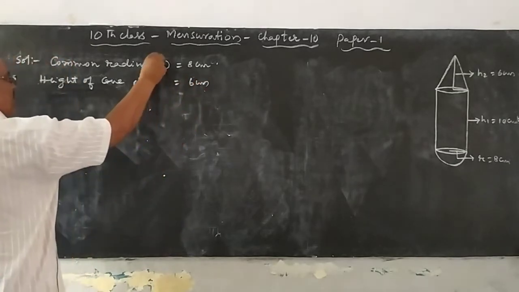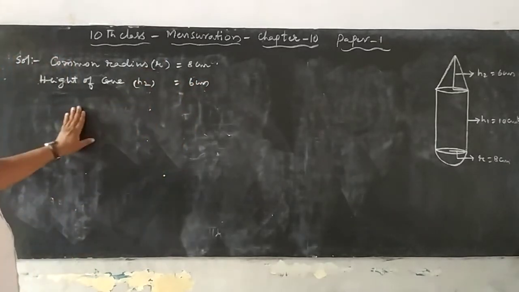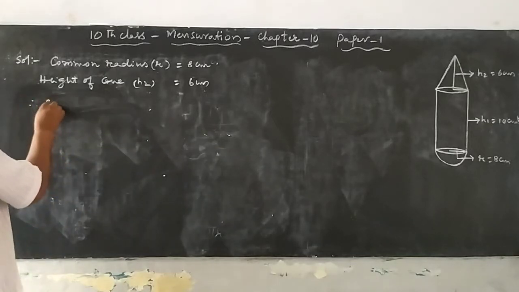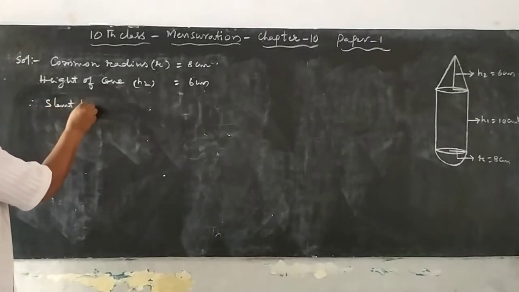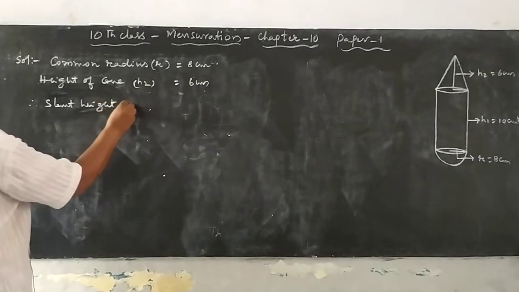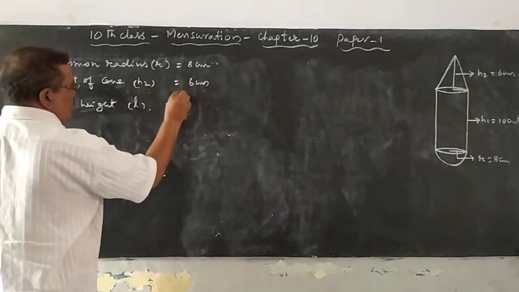When we know the radius and height, the slant height can be obtained. Therefore, slant height L is equal to the square root of H squared plus R squared.